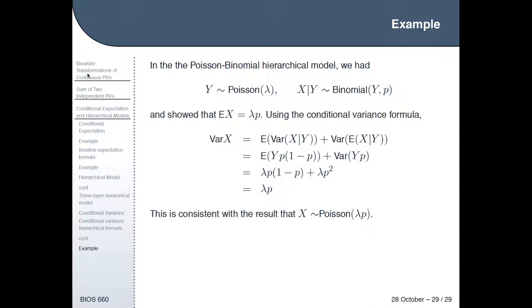That's consistent with what we got earlier, where we showed that X has a Poisson distribution with rate parameter lambda times p. But if we didn't want to go through all those calculations to find the conditional distribution of X, we could just use this conditional variance formula to compute the variance of X that way.